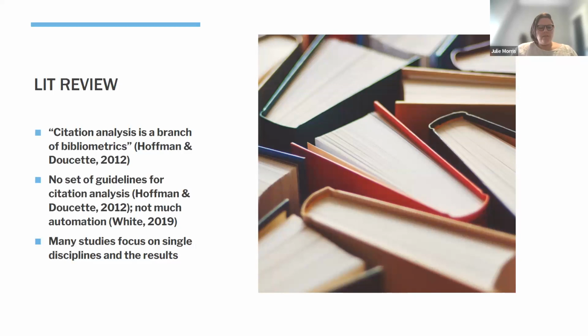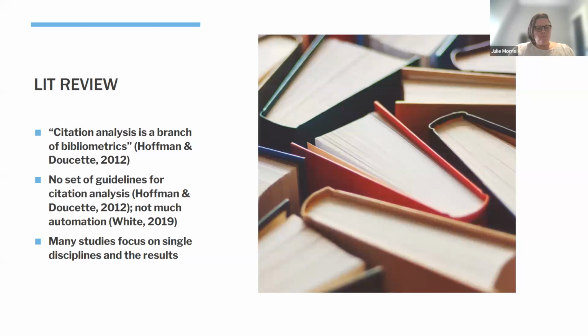So citation analysis is a branch of bibliometrics that examines the citations found in publications, such as journal articles and books, to look for patterns of use. And that comes from Hoffman and Doucette in 2012. I do caution that we not necessarily jump to the conclusion that highly cited references are the most impactful.